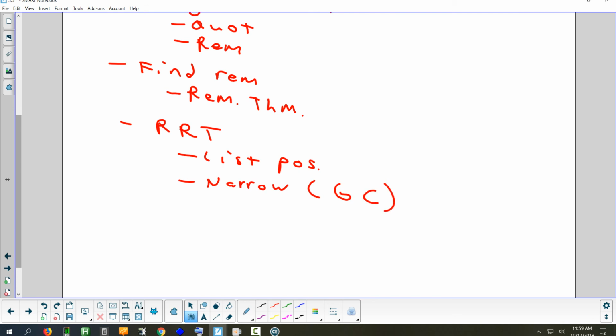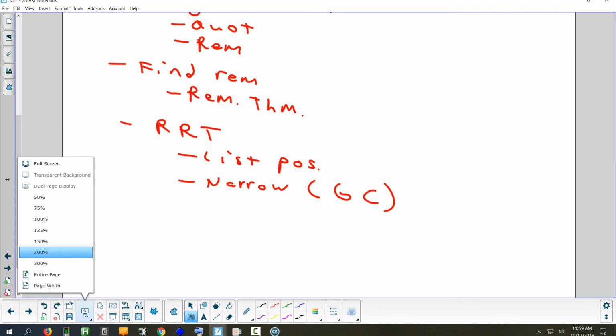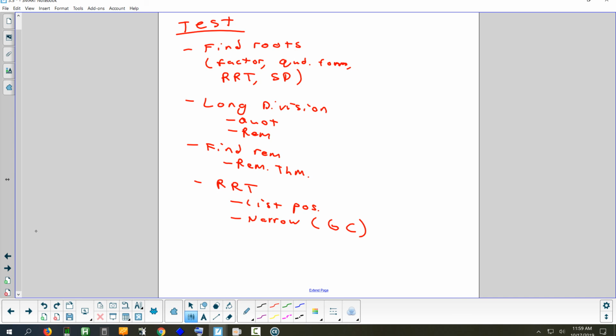Because you're going to get a lot of numbers. Most of them won't make sense. So that's what you should know how to do with that. Roots, quotients, remainders. That's pretty much it. That's pretty much what you need to know for the test.